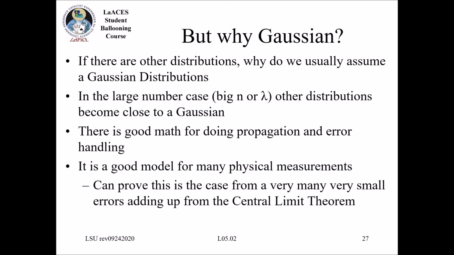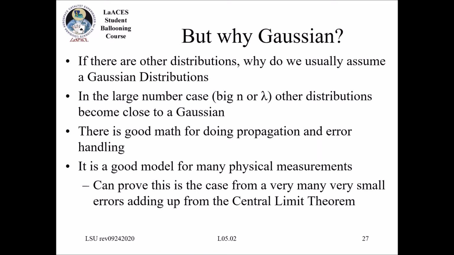There's also the fact that those error propagation formulas apply to the Gaussian distribution, and that is useful math for doing error analysis. So in general, we want to assume it's a Gaussian because that's the easiest case to deal with unless we have evidence that it's not.